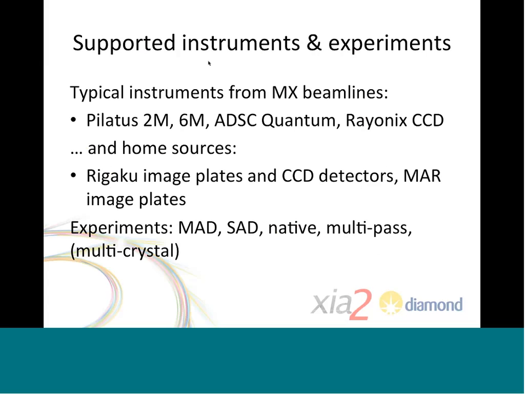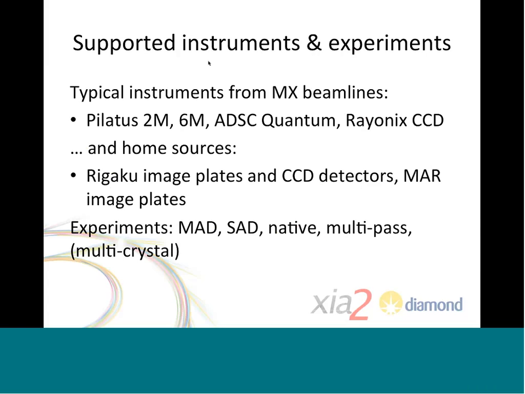Okay, so one of the questions I was asked to answer is the typical instruments that are supported by XIA2 for data processing. So by and large, if you go to a fairly typical MX beamline pretty much anywhere in the world, I would hope that XIA2 would work with the data from that beamline.